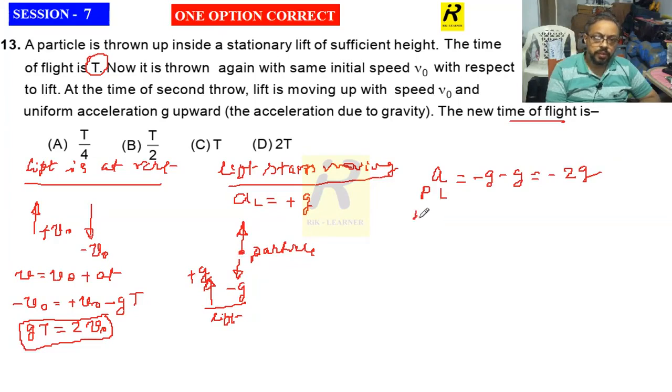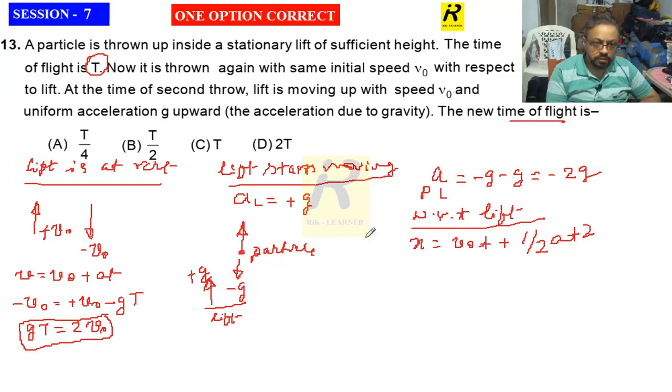So now with respect to the lift, the displacement of the particle can be found: x is equal to V0 t plus half a t square. This is the formula. So by using this formula, what we can think, the net displacement of the particle should be 0 because it should go up and come down, right? So for complete displacement, the net displacement should be 0.